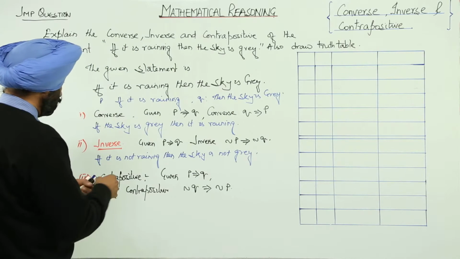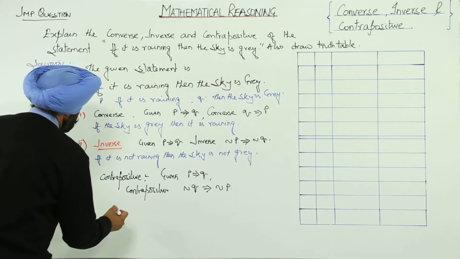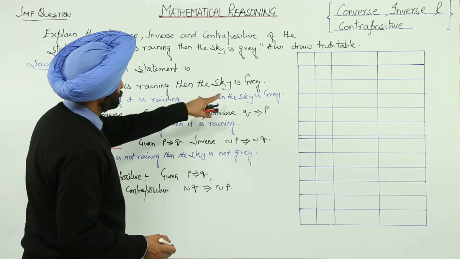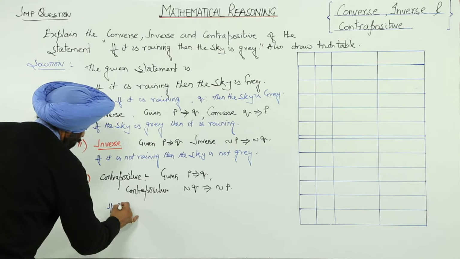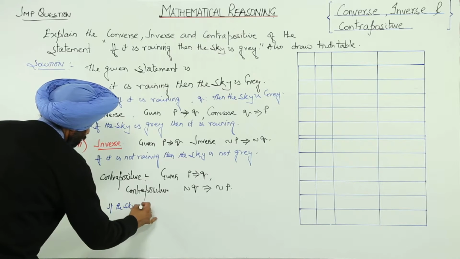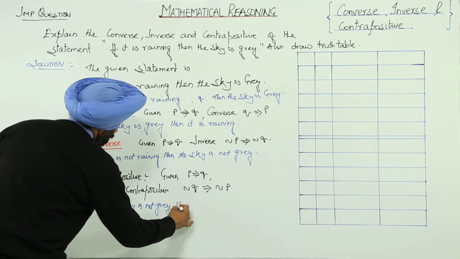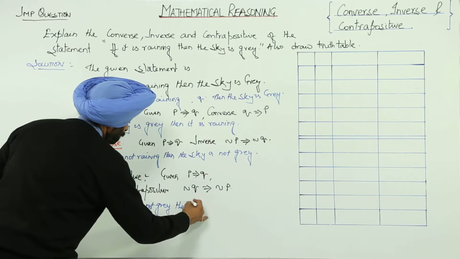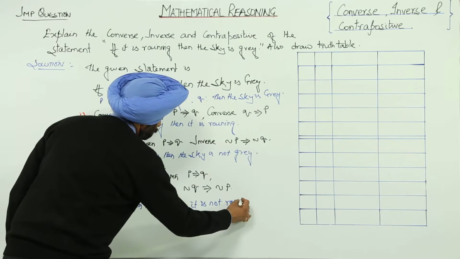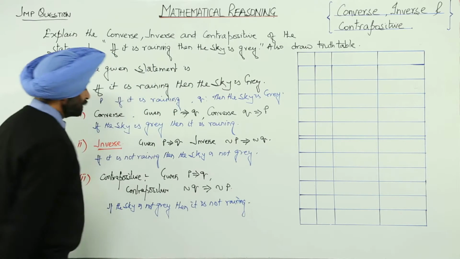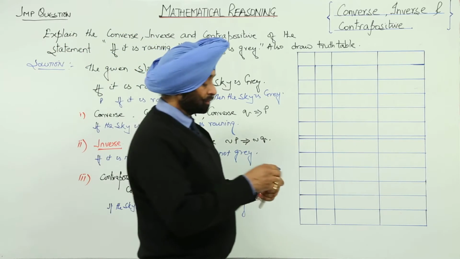Then what the statement will be now? Negation of Q first. If the sky is not grey then it is not raining. So these are the three sentences. Okay. Converse, inverse and contrapositive.